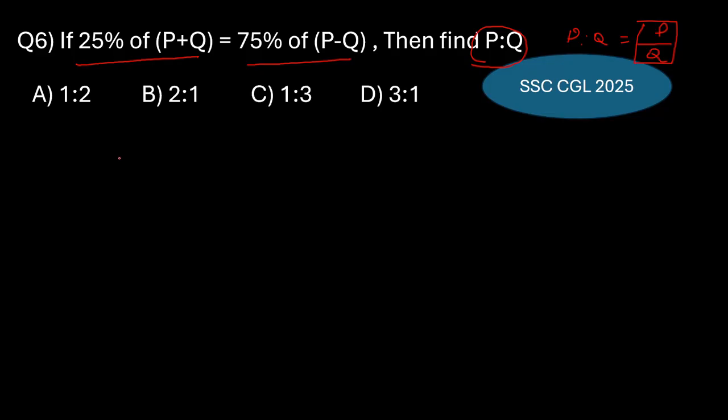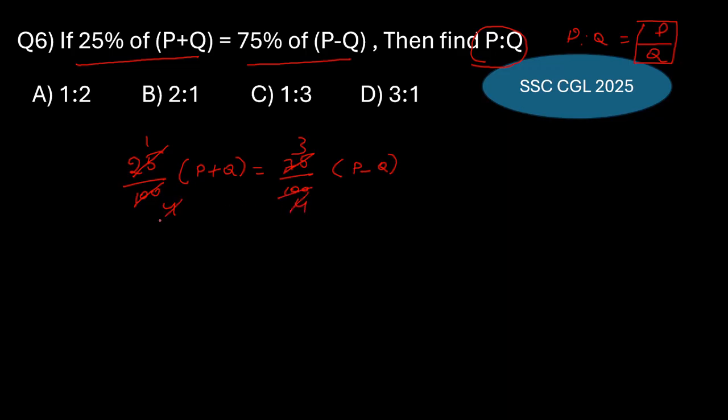So 25% of P plus Q can be written as 25 by 100 into P plus Q, that is equal to 75 by 100 into P minus Q. 25 ones, 25 fours, 25 threes, 25 fours.